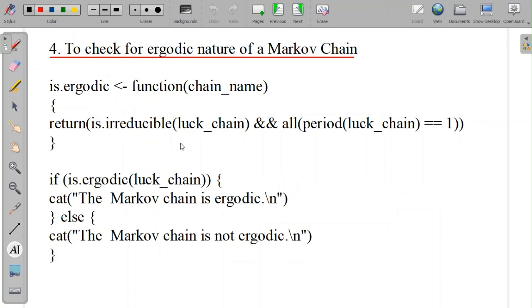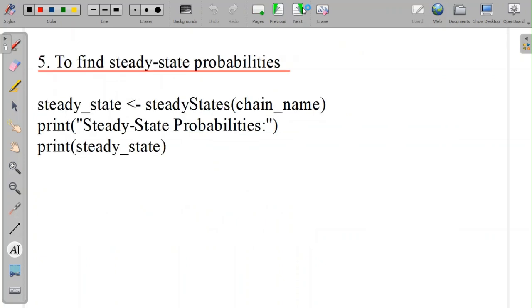And at the same time, we'll also find out if the periods of all the states of this Markov chain are 1. With the double ampersand symbol, we know that it's an AND condition. If both these conditions are met, we declare the chain as ergodic. Otherwise, we declare that it is not ergodic.